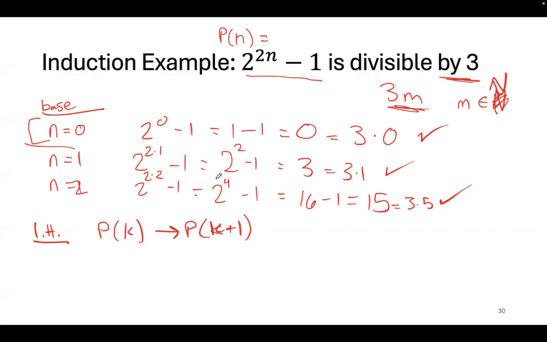To do that, we're going to assume that the premise at k holds, right? So what does premise at k mean? 2 to the 2k minus 1 equals something like 3m, right? So we're assuming that both sides of the equal sign hold.